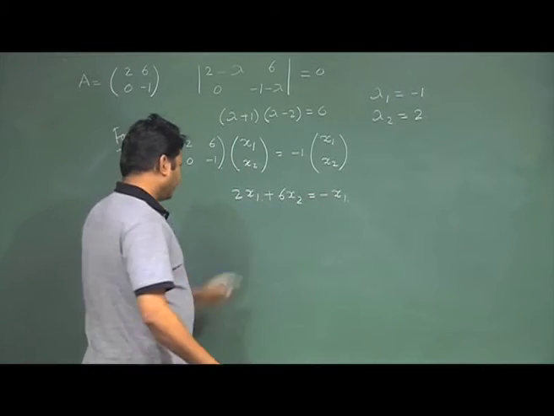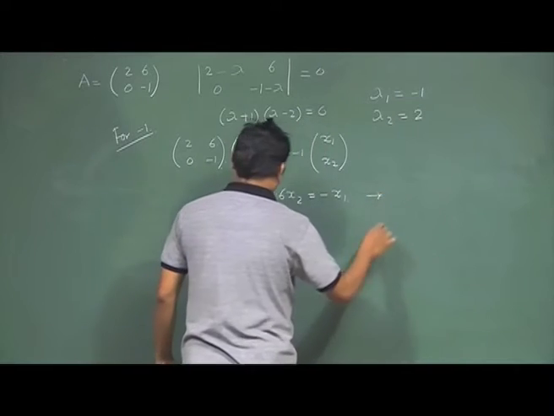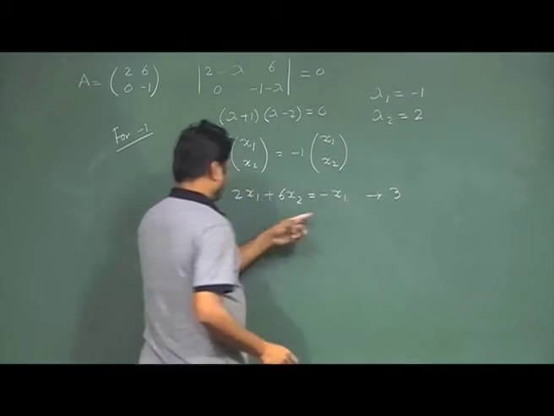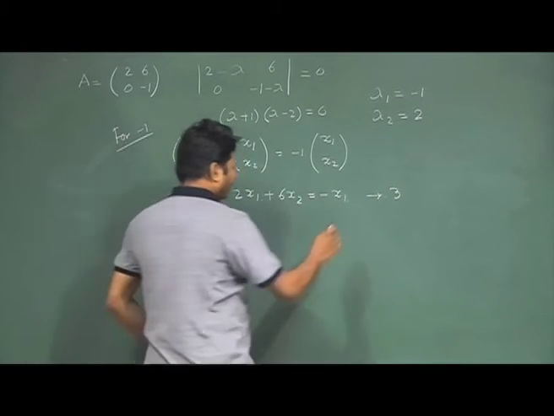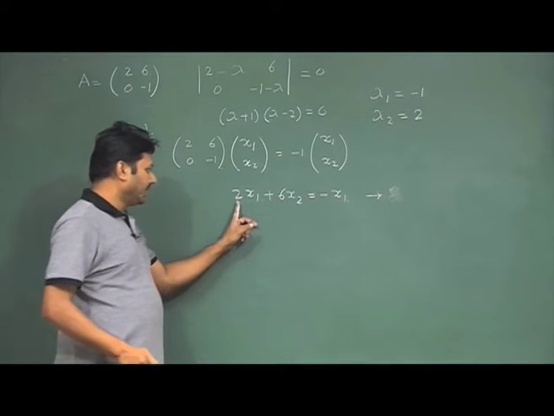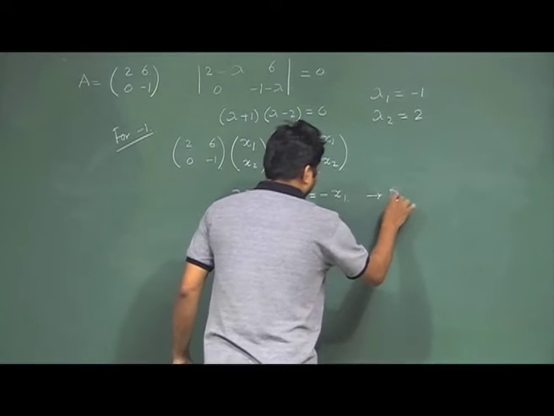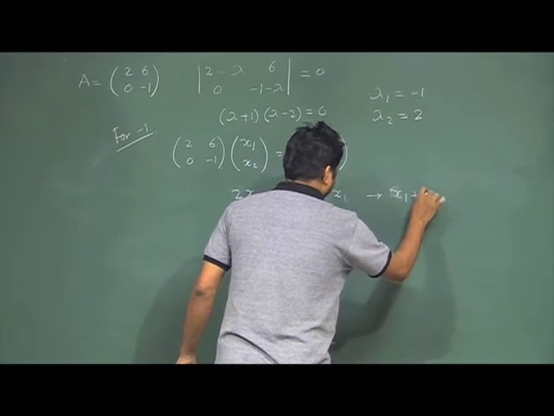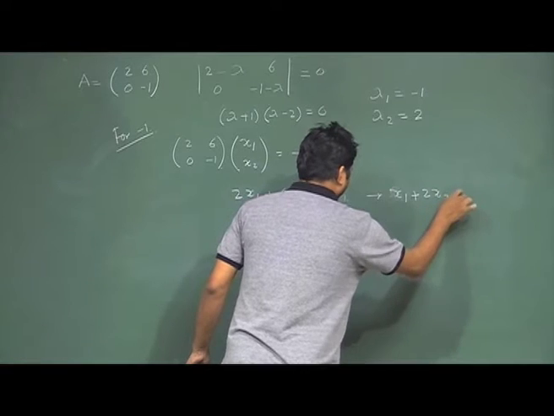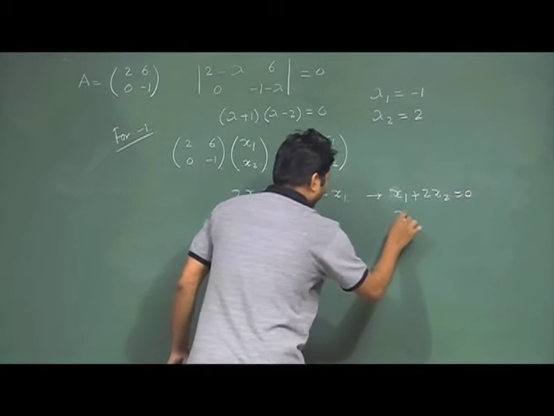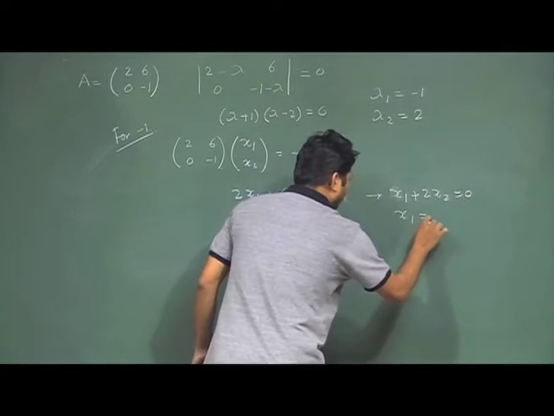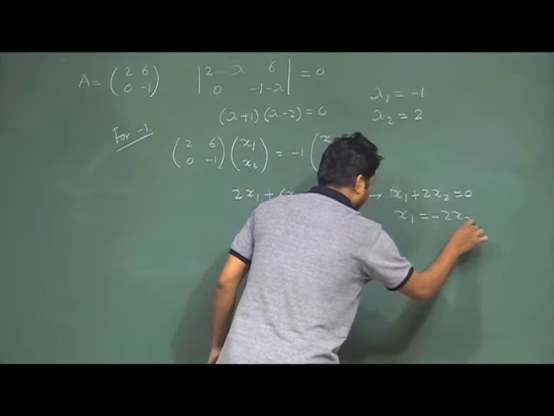If I take it here, then I will have 3x1, and then 6 will cancel. So x1 plus 2x2 is equal to 0. So x1 is equal to minus 2x2.